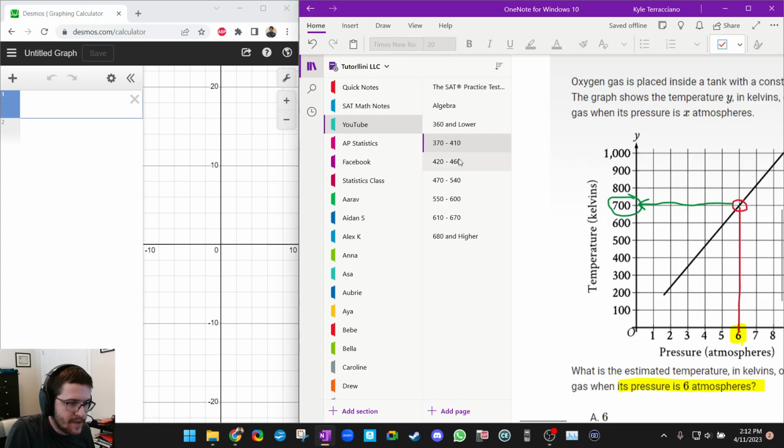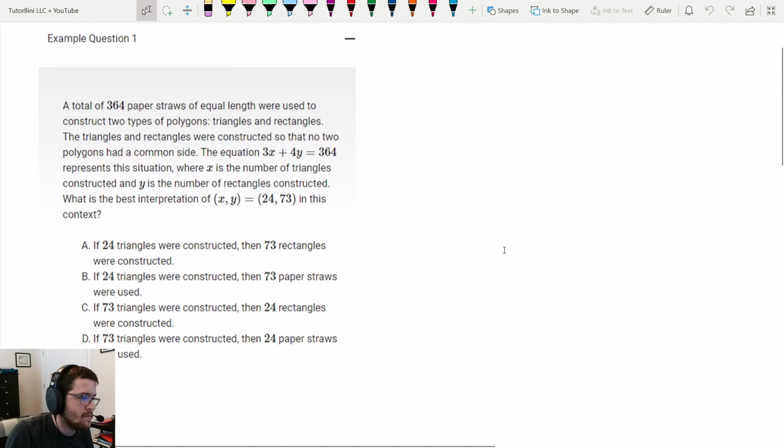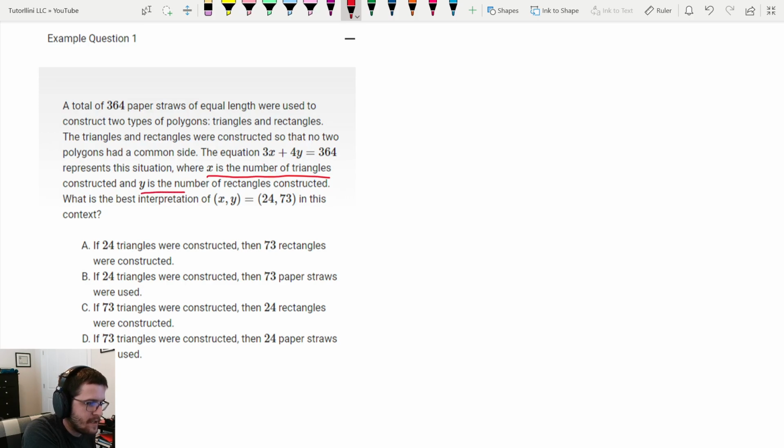All right, let's go to the 420 to 460 band. Okay, let me take a look at this. Okay, so really important, I'm going to just make sure I know what the variables are. X is the number of triangles, Y is the number of rectangles.